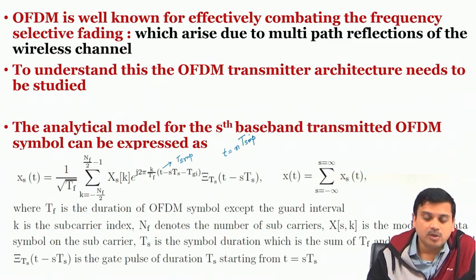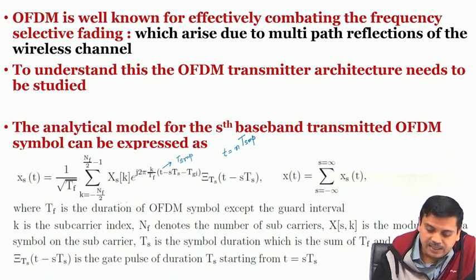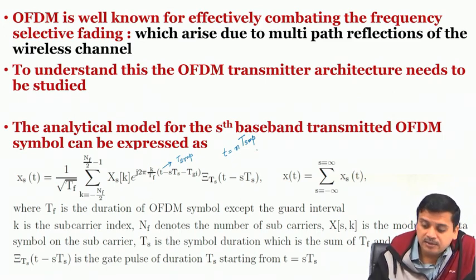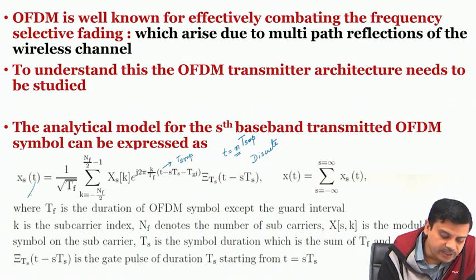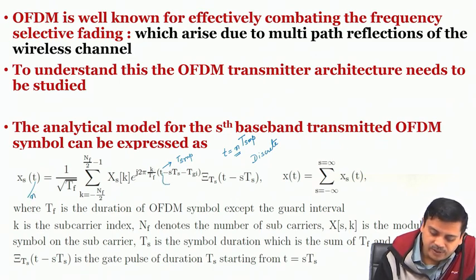If that is so, we can realize this entire thing in the discrete domain, in the digital domain with index n. So, instead of putting t, we can index this as n, and here instead of putting t, we will be again indexing this as n, and this T_f will be some multiple of this T_samp.